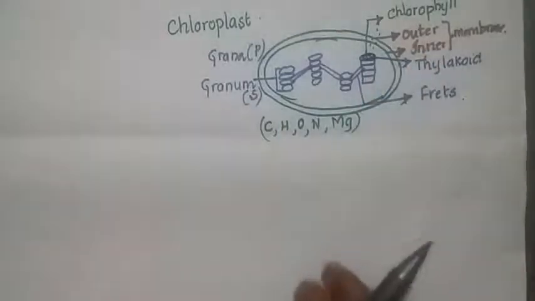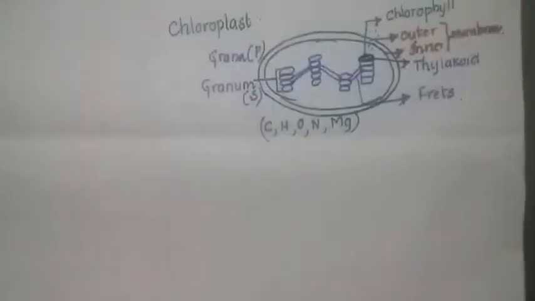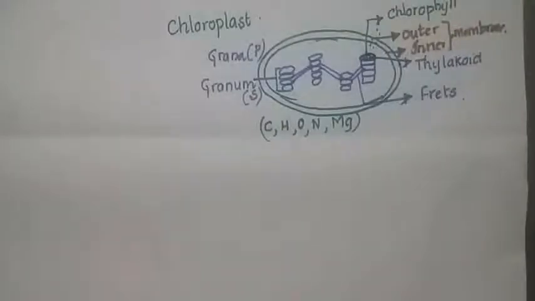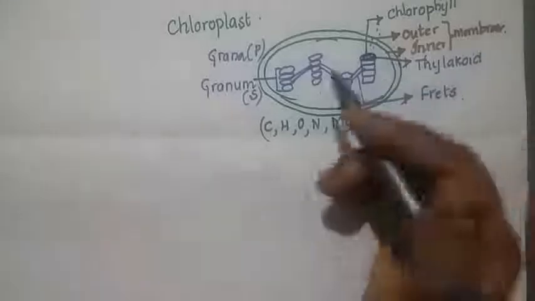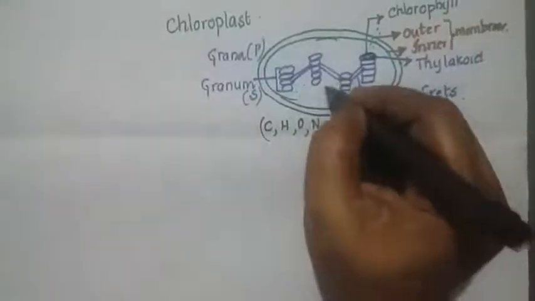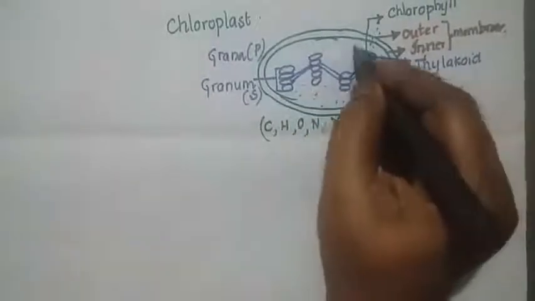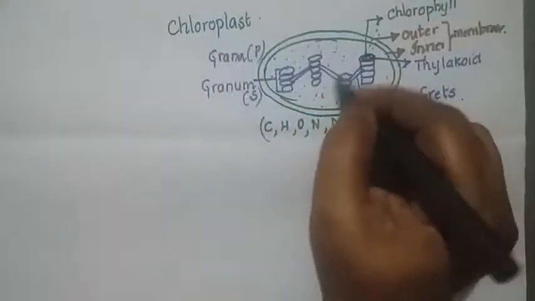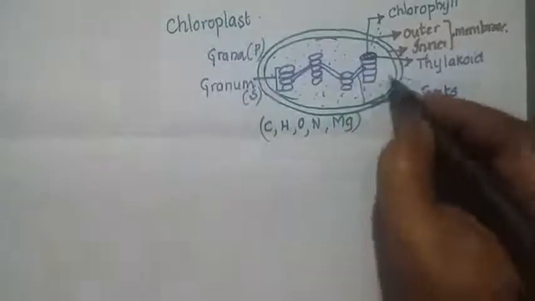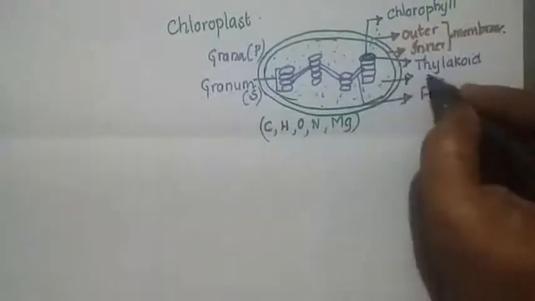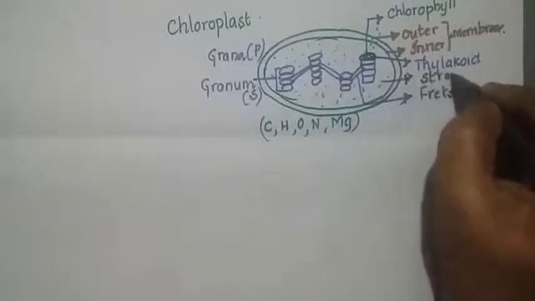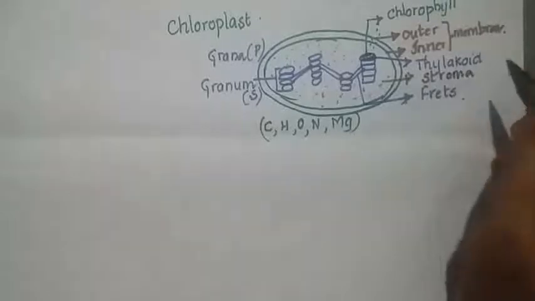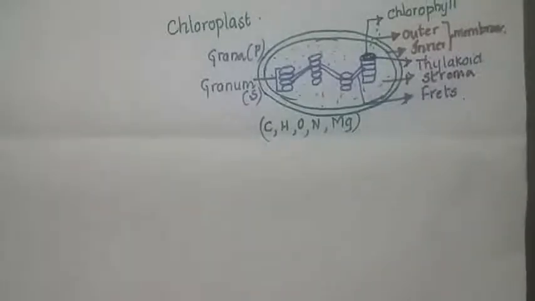And this granum is embedded in a ground substance, a matrix, and the matrix of the chloroplast is known as stroma. I think children, you are familiar with the word stroma of the RBCs.